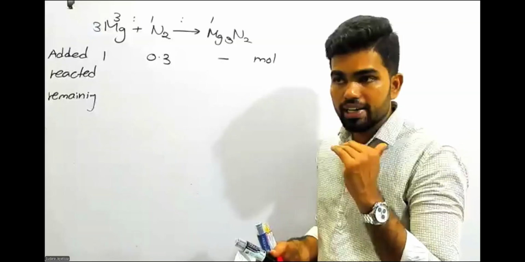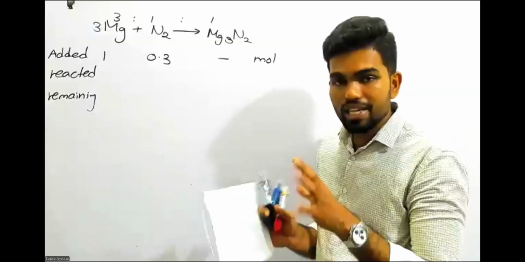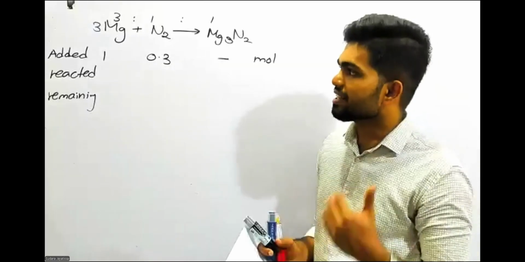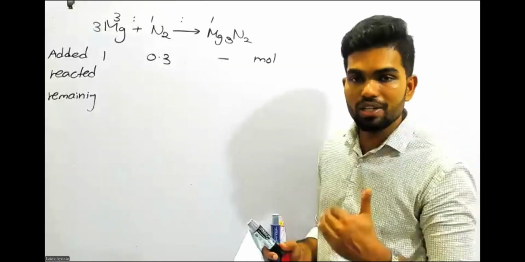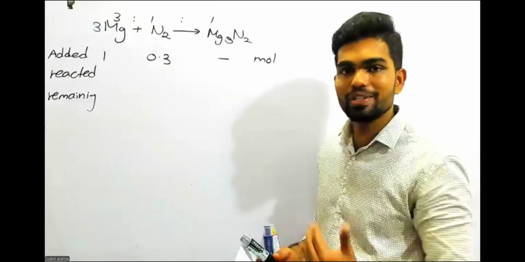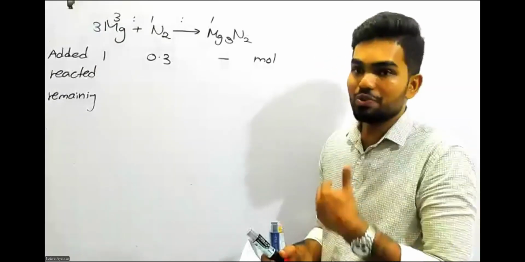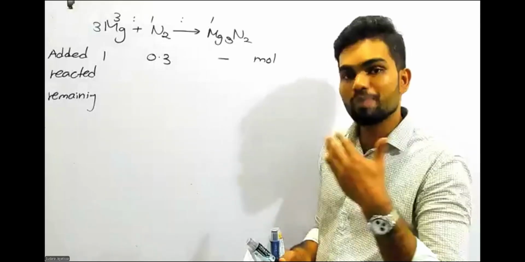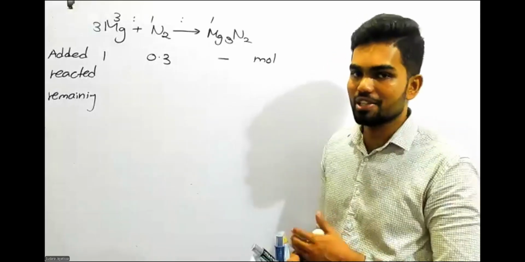So we need to identify that by looking at the number of moles. If you want to completely react this 1 mole of magnesium, you have to see how many moles of N2 are needed. If you want to completely finish this N2, you have to see how many moles of magnesium you need. So it's all about the ratio.